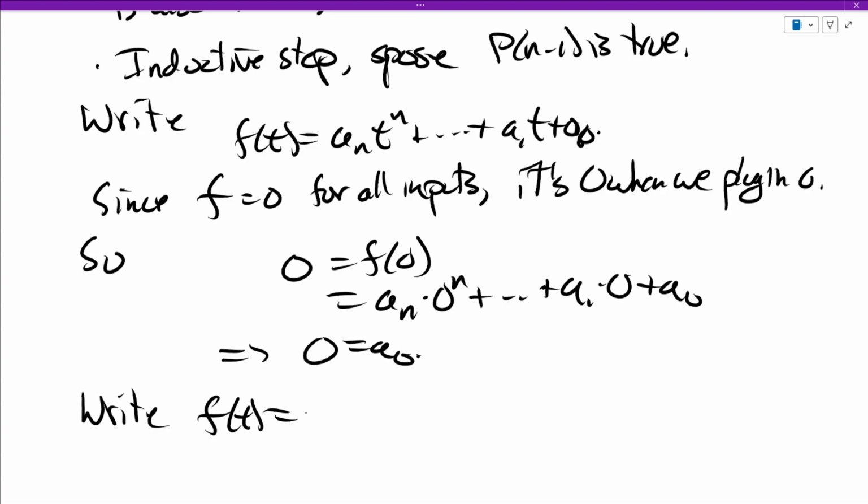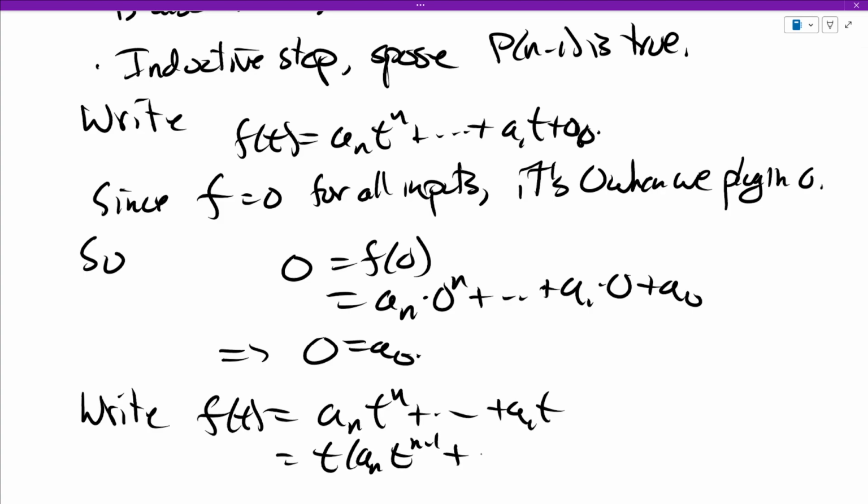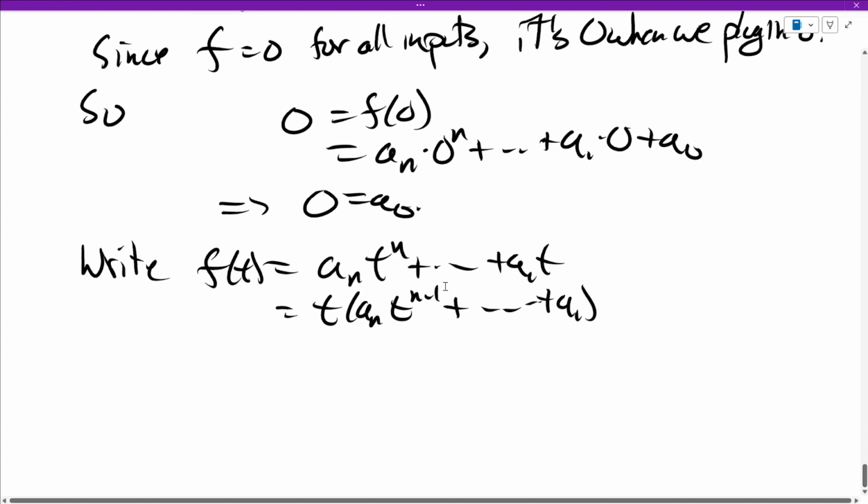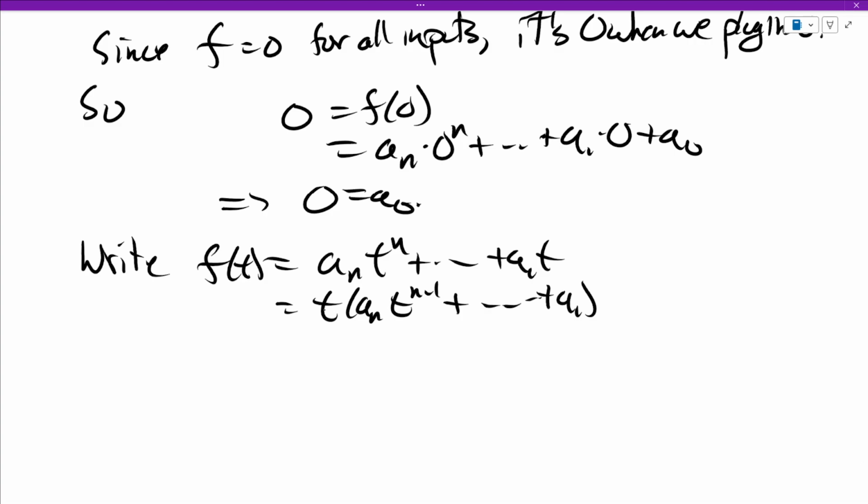So we can write f as, well, a_n t to the n and so on down to a1 t. There's no a0 term, but we can also factor out a t. All right, and what do we know? Well, we know that f of z is 0 for all inputs. Let me be really explicit here. Let me actually call this bigger expression something. Let's call this g.